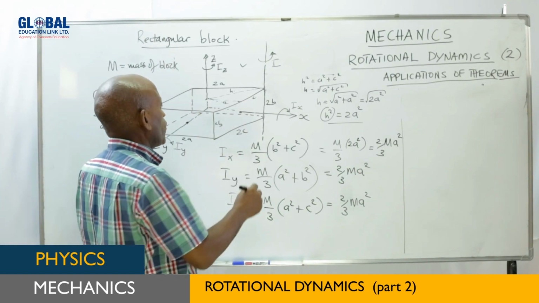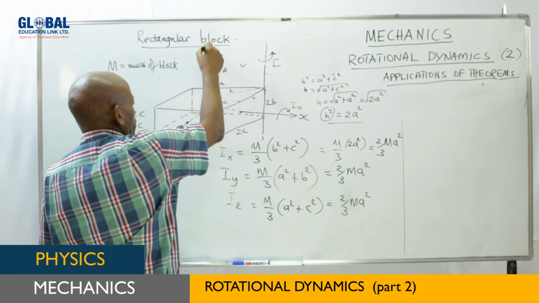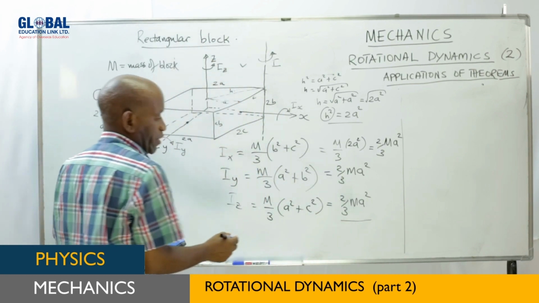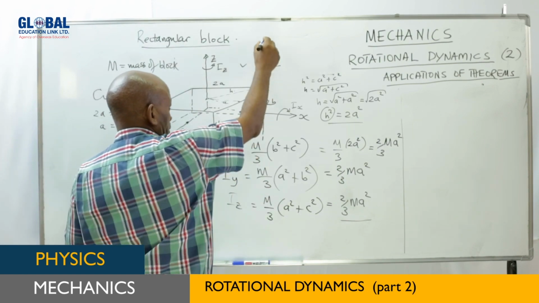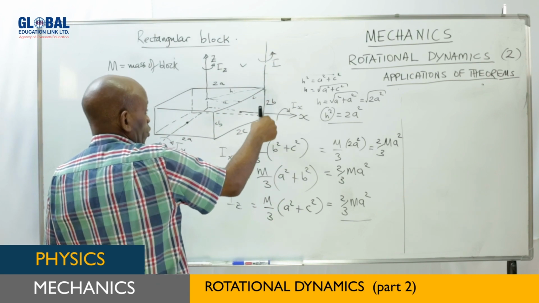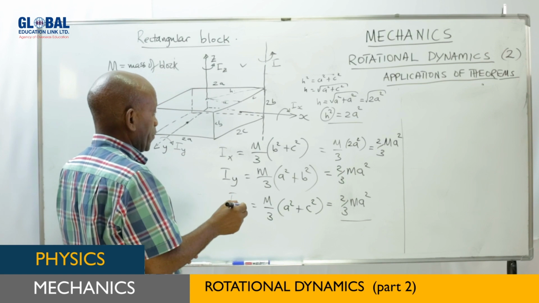Okay, so as long as we know the moment of inertia through the z-axis, which is equal to this much for a cube, I can learn the moment of inertia about this axis, which is passing through one corner of that particular rectangular block or cube.